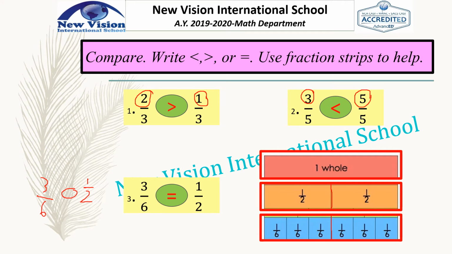So cross multiply 6 times 1 is equal to 6. Now, 2 times 3 is equal to 6 also. Now they have the same numbers. Since they have the same numbers, meaning to say both of the fractions are equal. Very easy, isn't it? Good job, grade 3.